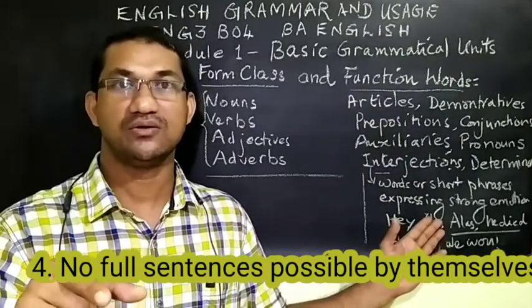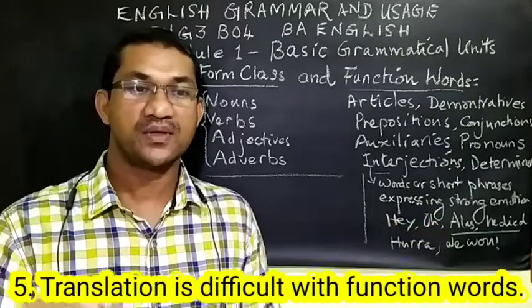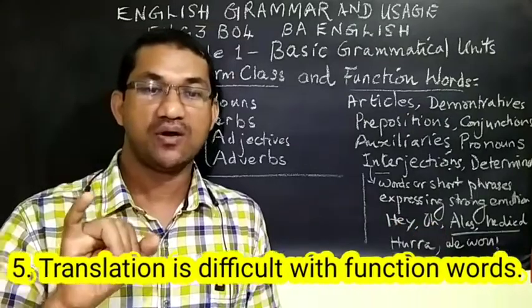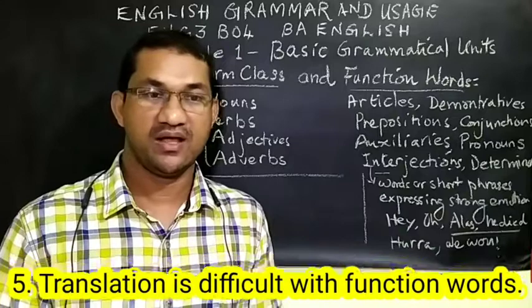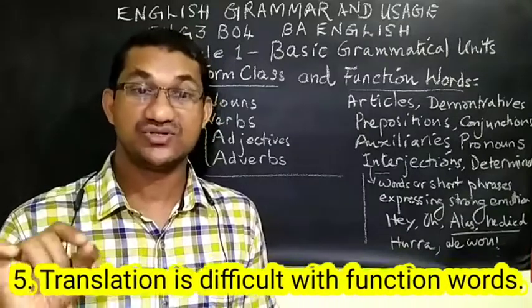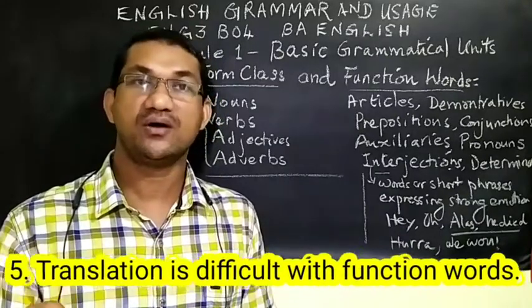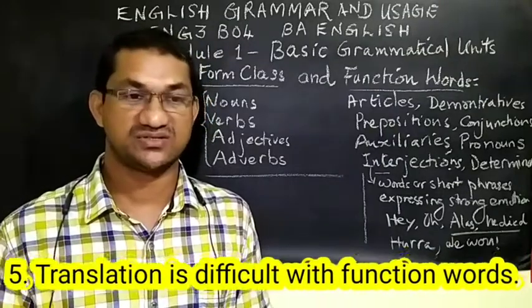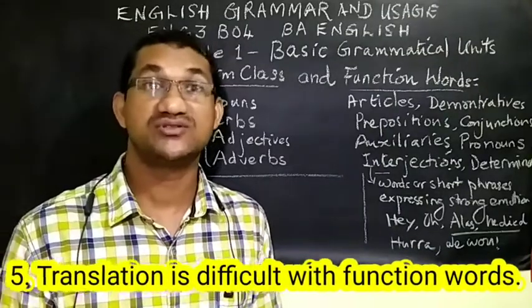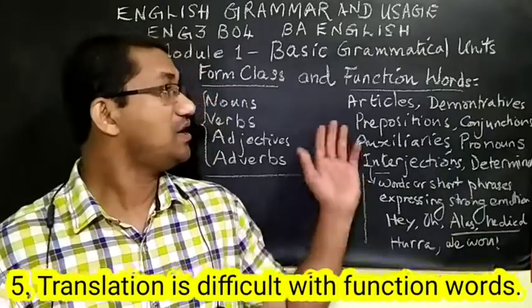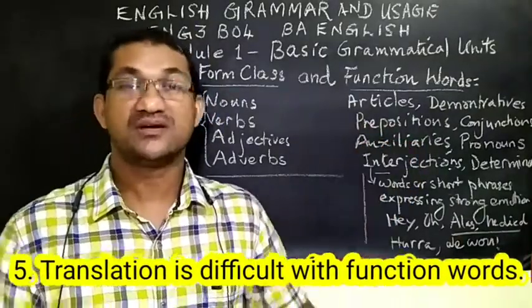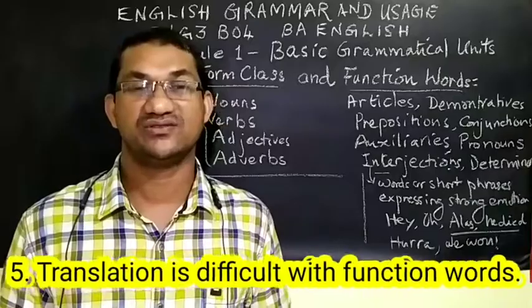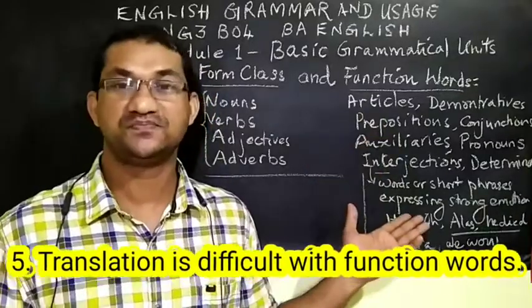I'm just concluding one by one. They do not have lexical meaning. They are a closed set. They do not have inflections, derivational prefixes or suffixes. No full sentences are possible with only function words. Translation is difficult in the case of function words.